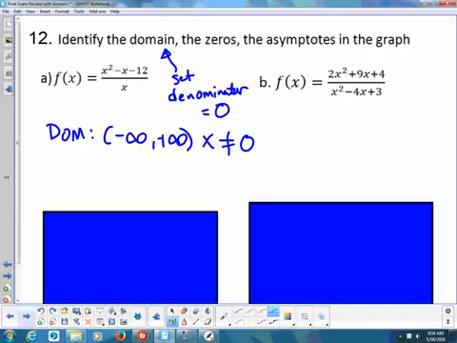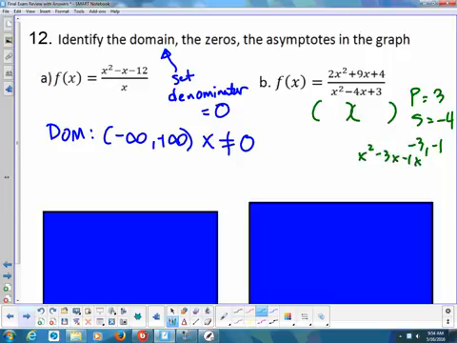What about this one? Well, for this one, we're going to have to factor this x squared minus 4x plus 3. So what does this factor into? The product is 3, sum is negative 4. What two numbers will work? Negative 3 and negative 1, so I get x squared minus 3x minus 1x plus 3. Factor by grouping, and I can factor out an x.